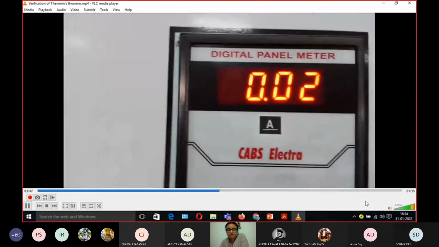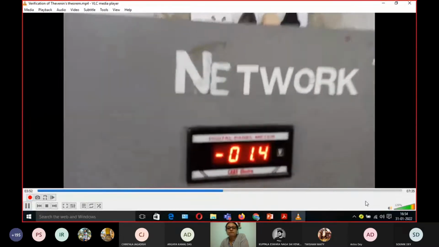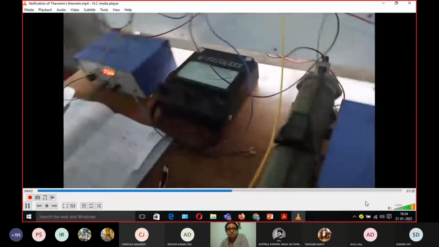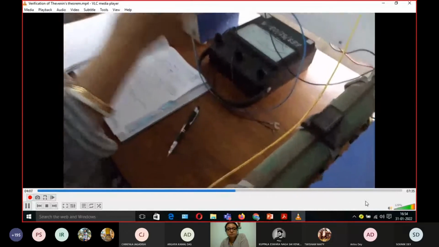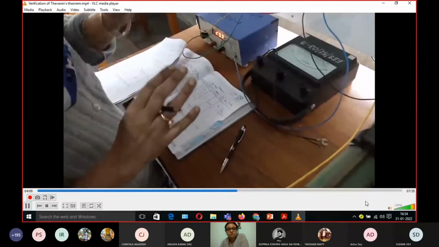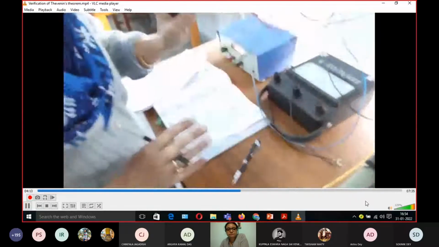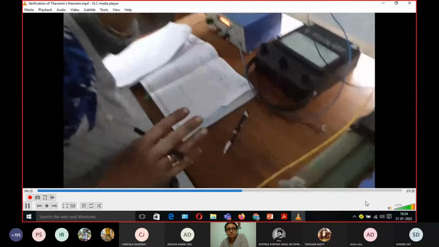Now let me show you the ammeter reading as well as the voltmeter reading. So this is noted down, for which we can calculate the RL, how? VL by IL. Next our requirement is to have the V Thevenin or V open circuit when the load is removed, and when the load is zero, that is the short circuit current.